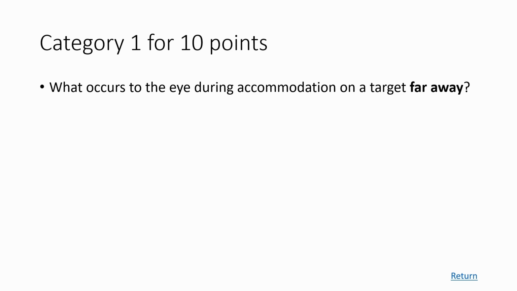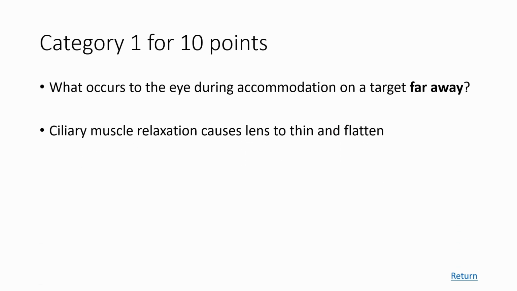What occurs to the eye during accommodation to a target far away? It dilates. Under what response? Sympathetic. What muscle is activated? And what's going to happen to the eye? Pupil? Dilates.